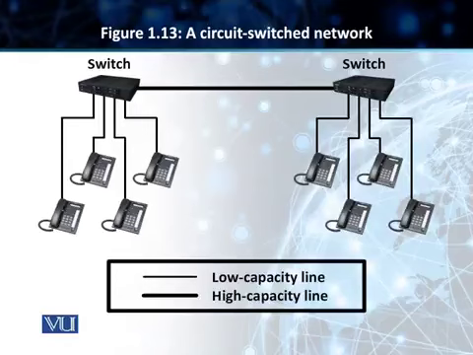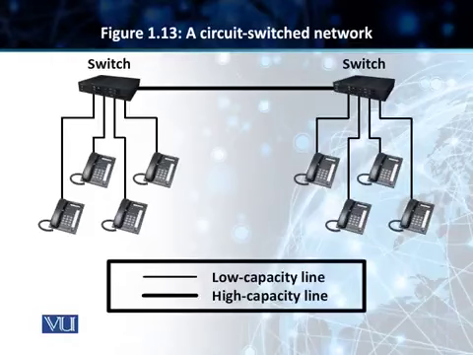Students, in this particular case, once the circuit is established, the switch can only make the circuit active or inactive. But that does not take away the requirement of that circuit to be established before any communication can take place between the two endpoints.